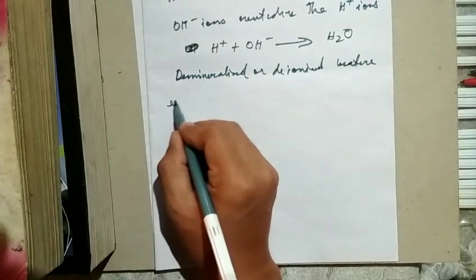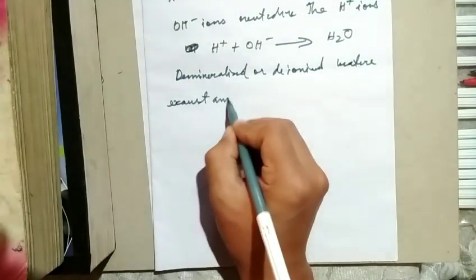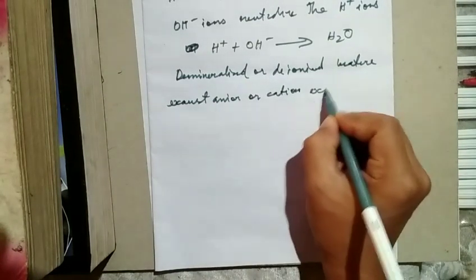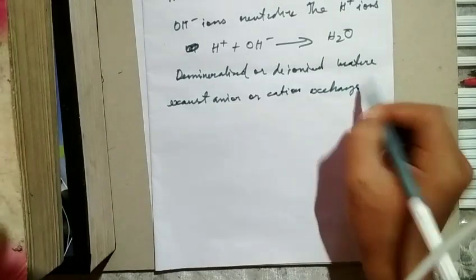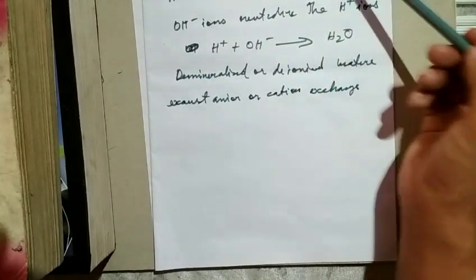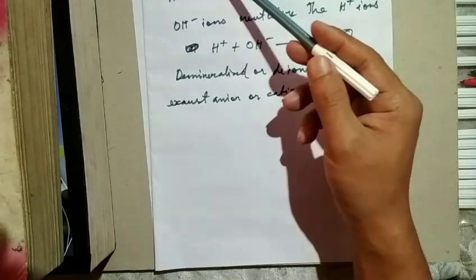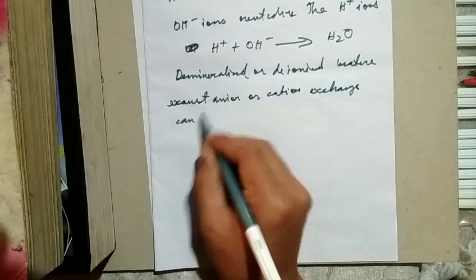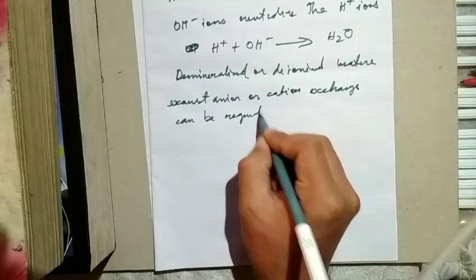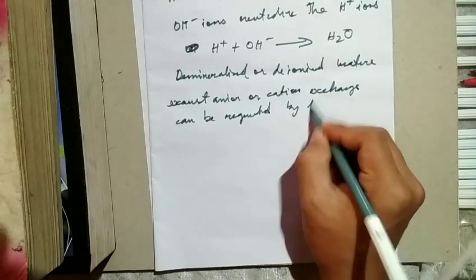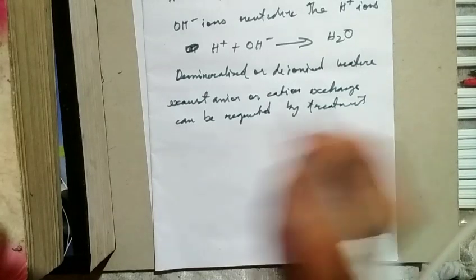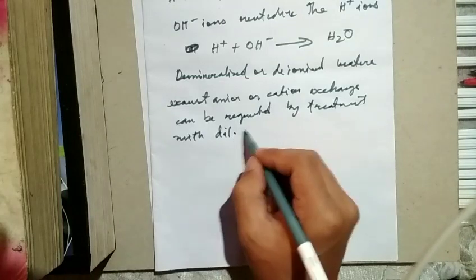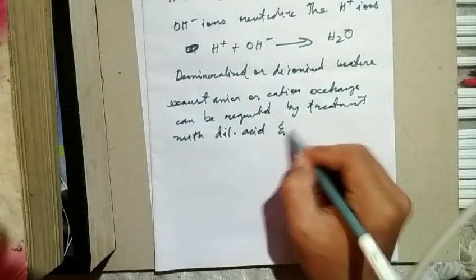So the exhausted anion or cation exchange resin can be regenerated by treatment with dilute acid and alkali solution.